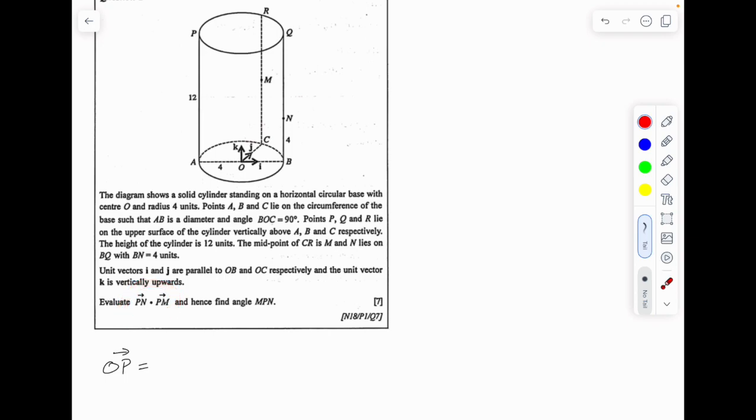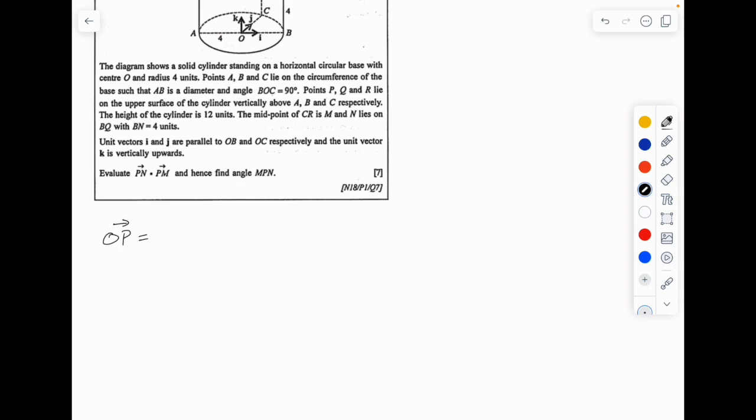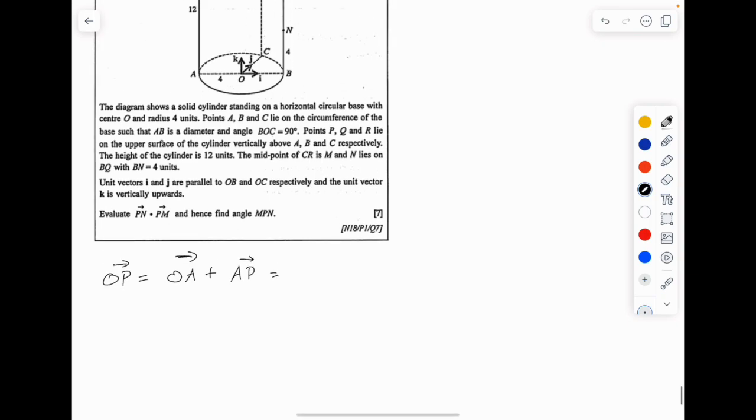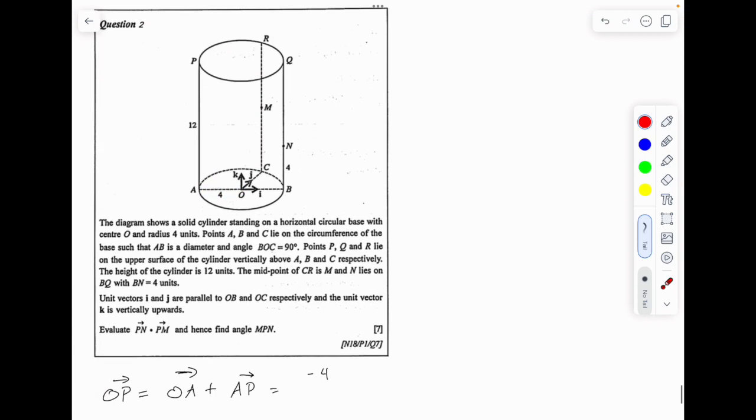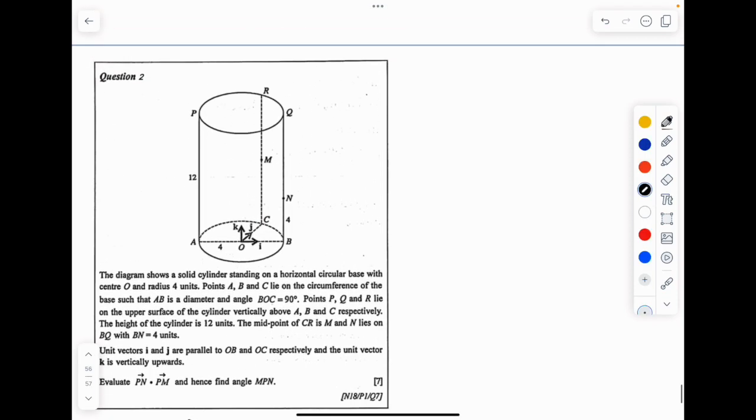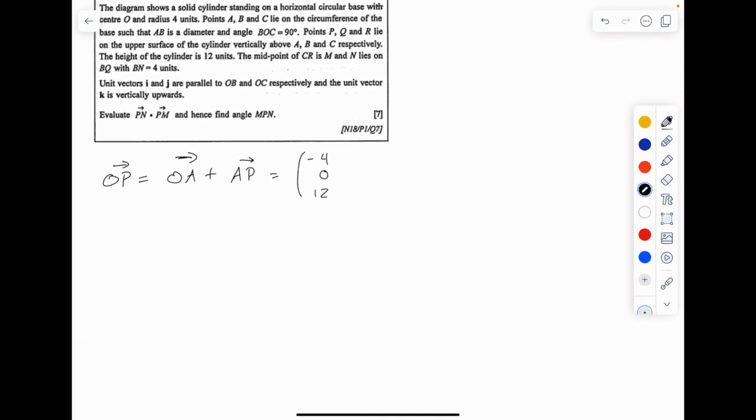So OP is going to equal OA plus AP, which equals minus 4 in the i direction, 0 in the j direction, but 12 in the k direction. So we get that.